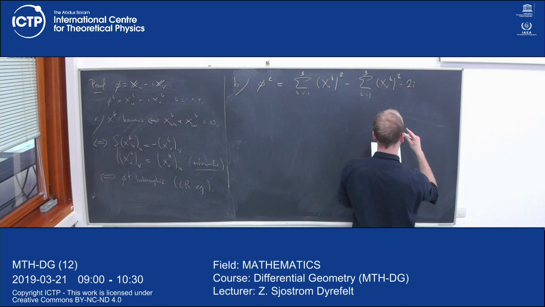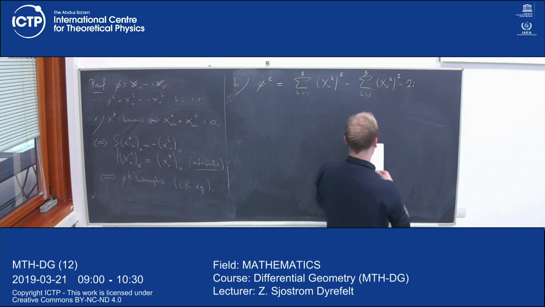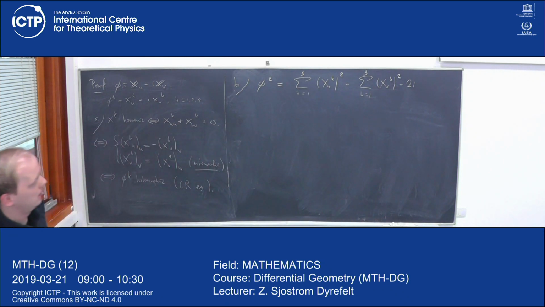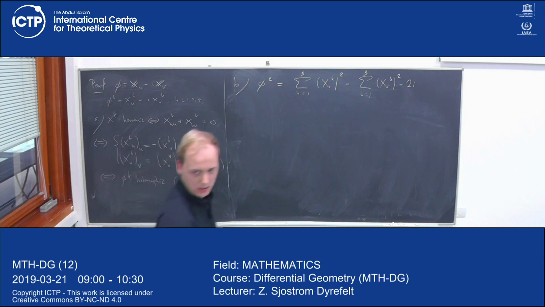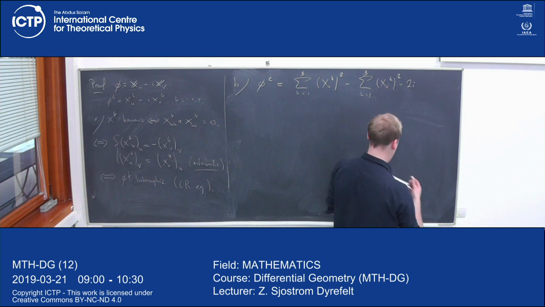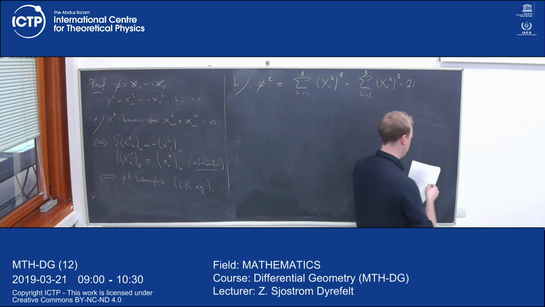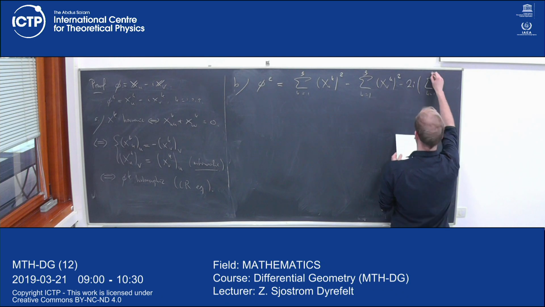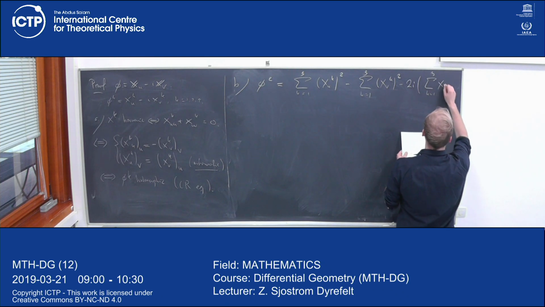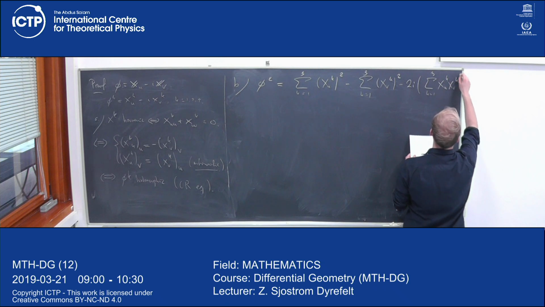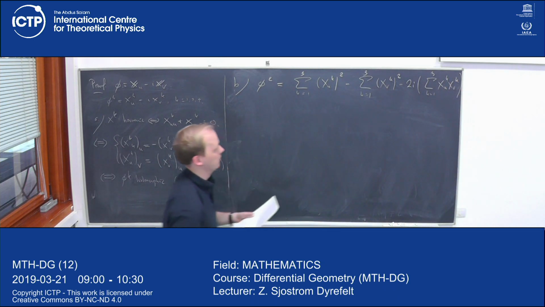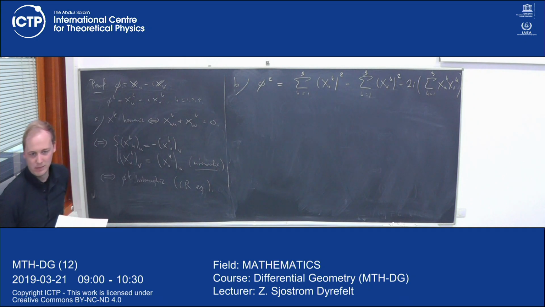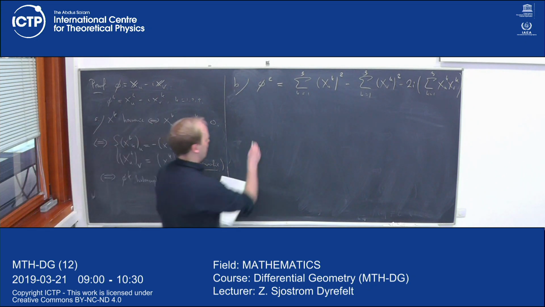Minus 2i. I think it should be plus, because we have already... Should it be plus? Because we have minus here and I will be another line. I don't think it's supposed to be plus. Let me finish writing it and you tell me if in 10 seconds you still think it's wrong, okay? So minus 2i, the sum k equals 1 to 3 of x_u^k x_v^k. Okay, so we get this. Now it's correct, okay? But what is this?